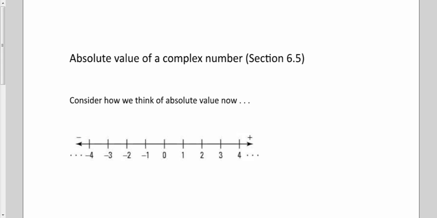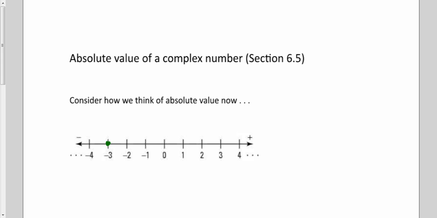I don't like their money, but I like their terms for math better. So let's consider negative 3. Okay? What is the absolute value of negative 3? 3, right? And how do we know that? Whatever's negative, I just make positive, right? And whatever's positive, I keep positive.